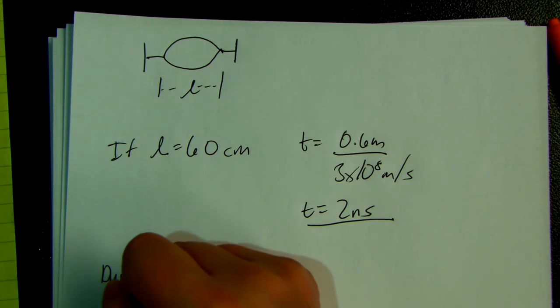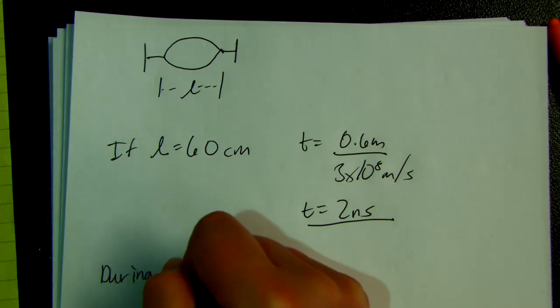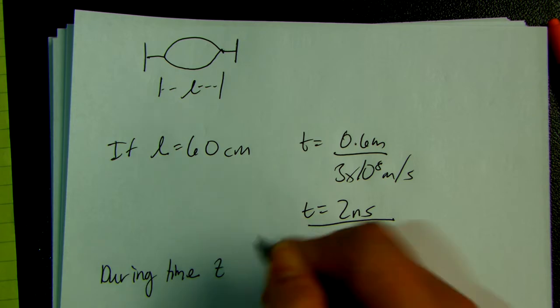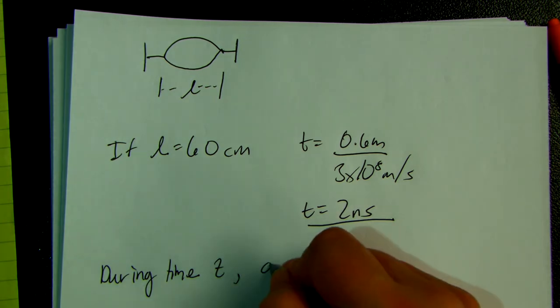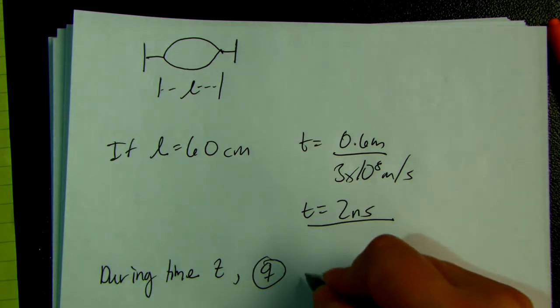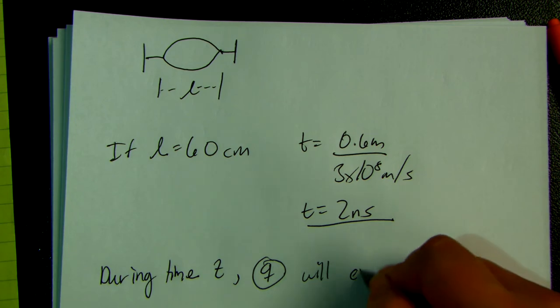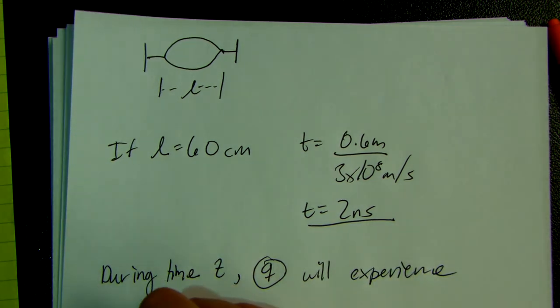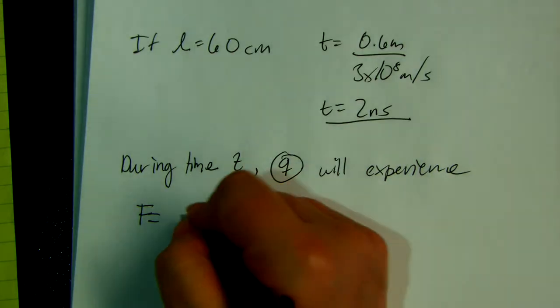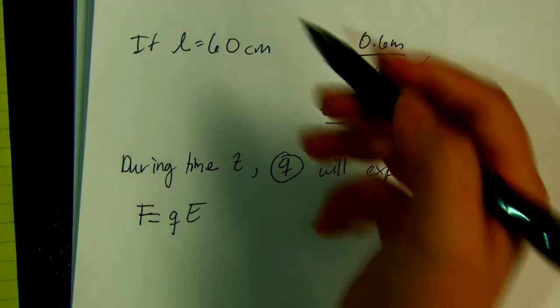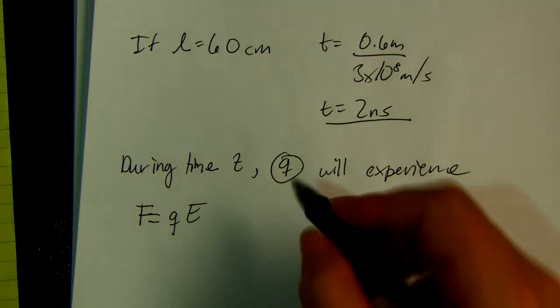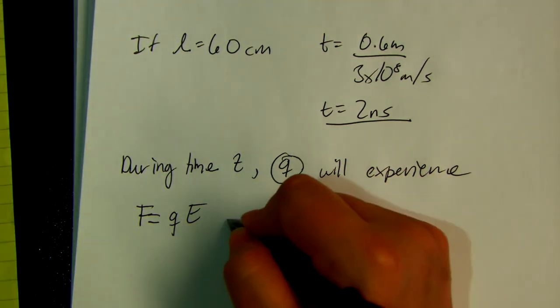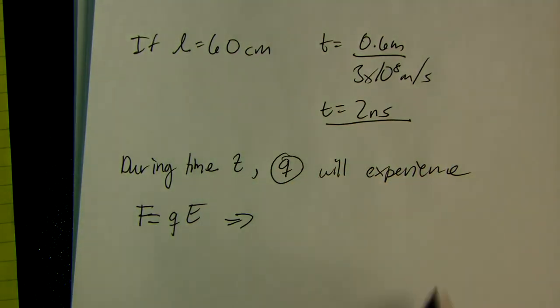So during time T, our little Q will experience a force equal to QE, because it'll have a field for that 2 nanoseconds. And so now we've got a force.